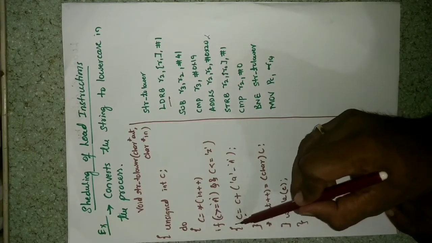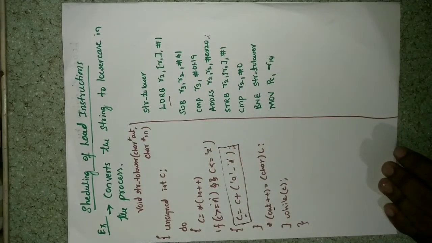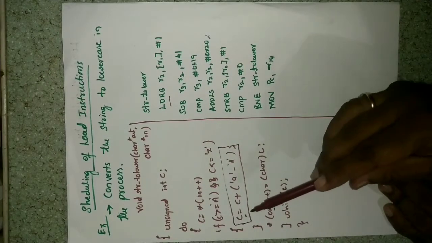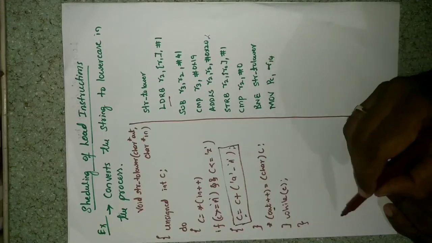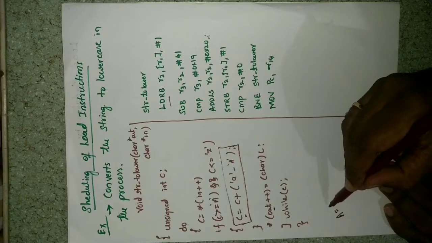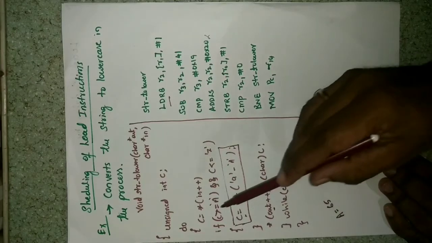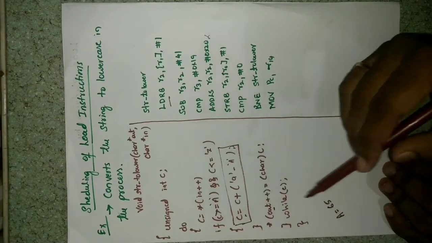Let us see how it will work. Now in this case, the ASCII value of A, if you write it as a decimal number, is 65. Let us say I have taken the ASCII value of A, 65, stored in the c variable.